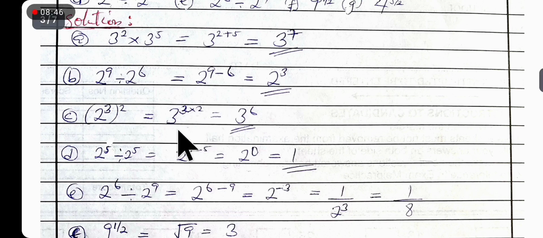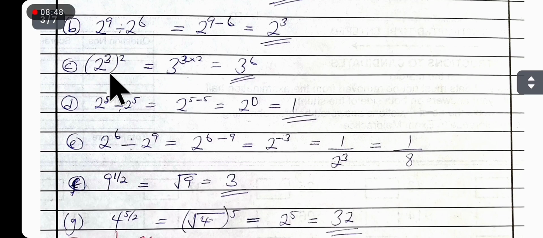All right, so the next one, 2 raised to power 3, all in bracket, raised to power 2. Of course, the law that will help us here says that all we need to do is to ensure that we have 2. Pardon this mistake, this is handwritten.